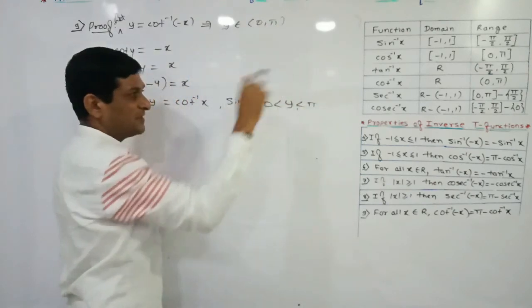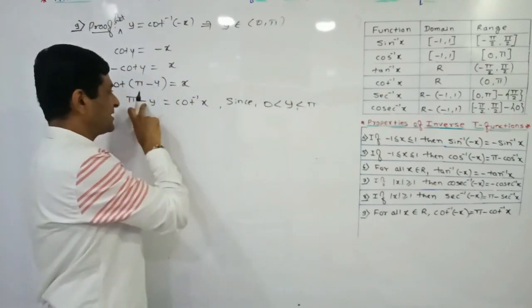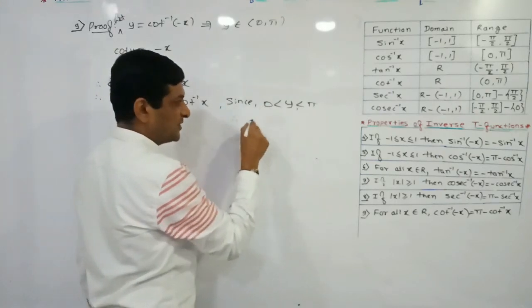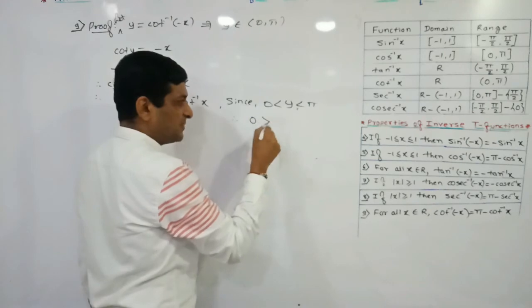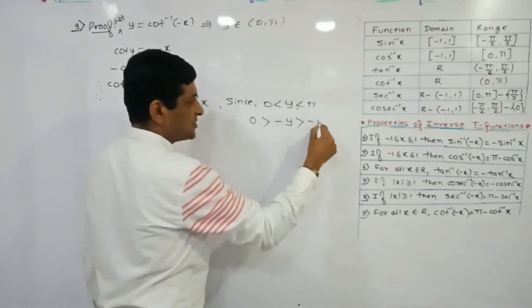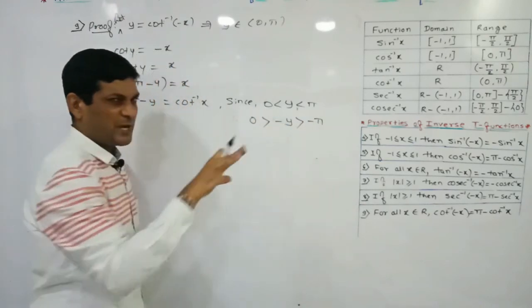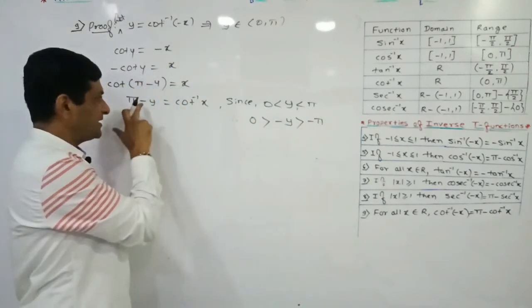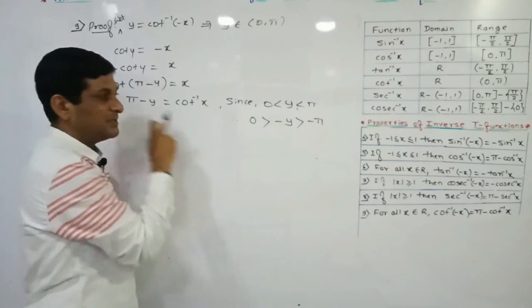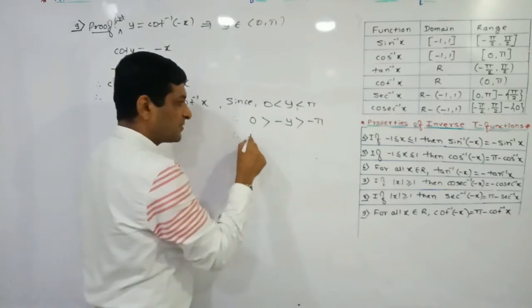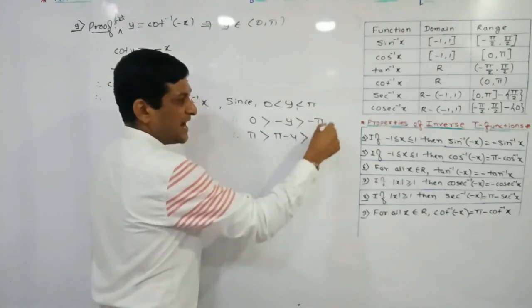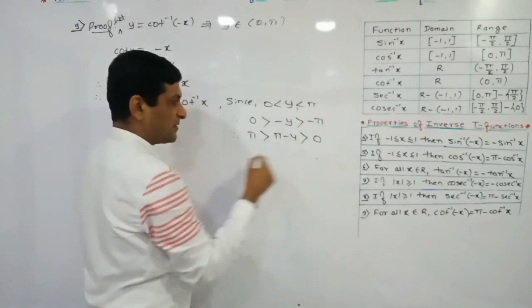This can be written in this form also. Now here we will require minus y, so we are multiplying all the terms by minus. So 0 into minus is 0, the inequality will get changed, and here we will get minus pi. Just simply we are multiplying all the terms by minus, because here minus y is there. Again we have to add pi. If we are adding pi, here we will get pi minus y, and minus pi plus pi will become 0.